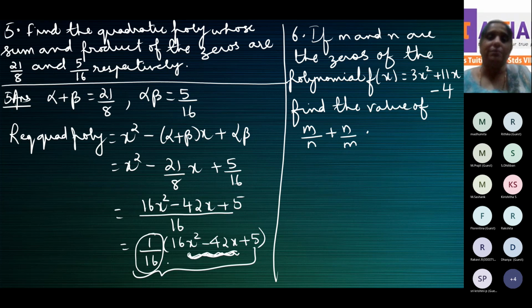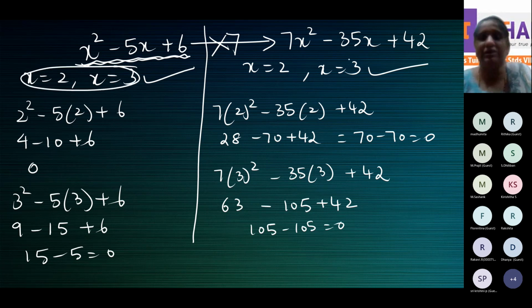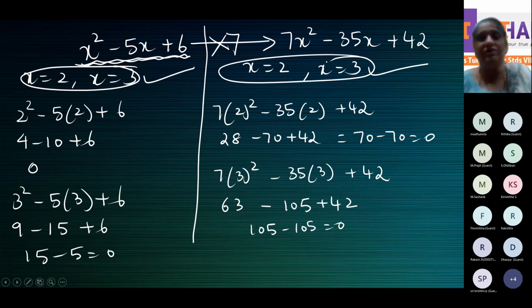Both will be fine. Because I told you that whatever are the zeros of this polynomial, when you multiply this polynomial by anything other than 0 and you get a new polynomial, the same zeros will be applicable here also. You will not get different zeros, same zeros.